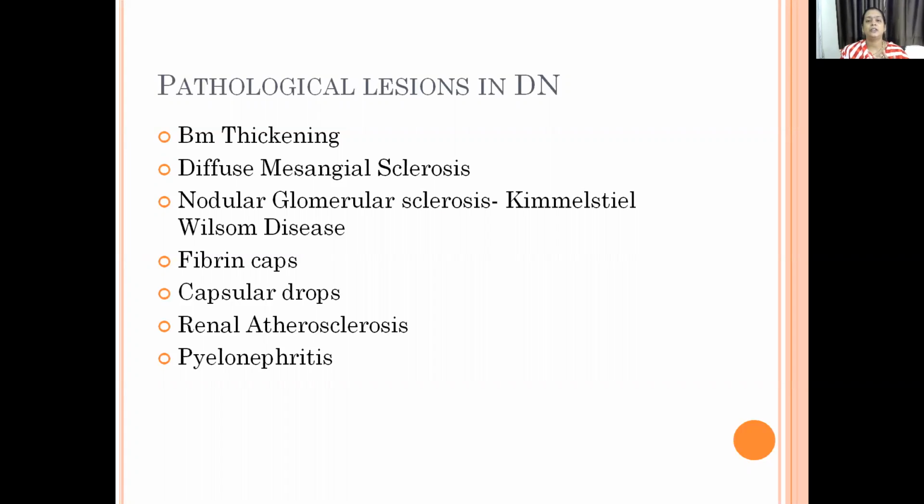Coming to renal atherosclerosis, that is a macrovascular disease involving diabetic nephropathy. Usually diabetes is associated with hypertension. There are also abnormal vascular lesions seen in the renal lesions of diabetic nephropathy, in the form of arteriosclerosis or atherosclerosis, wherein the vessels are lined by abnormal lipid.